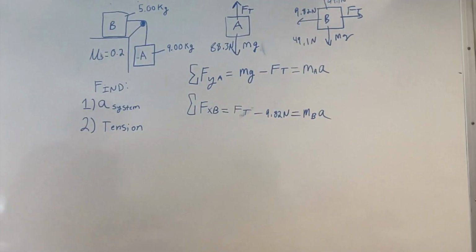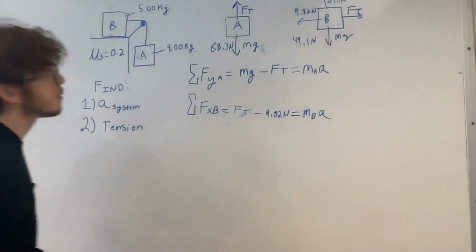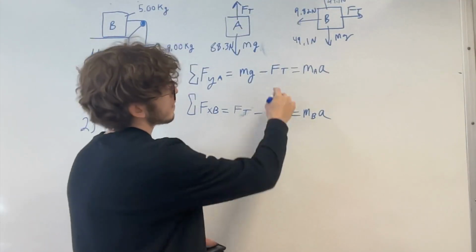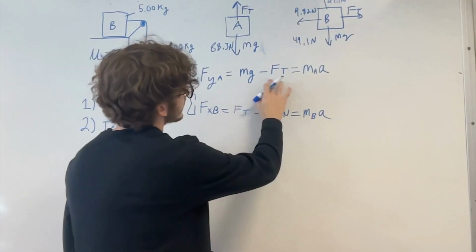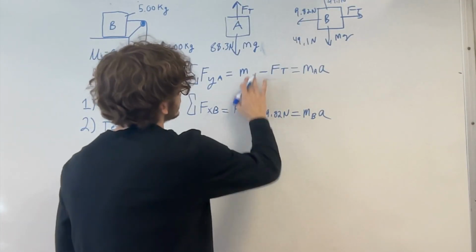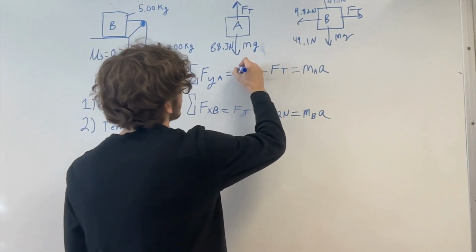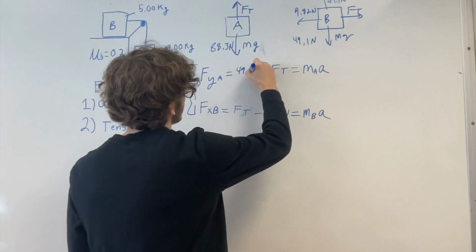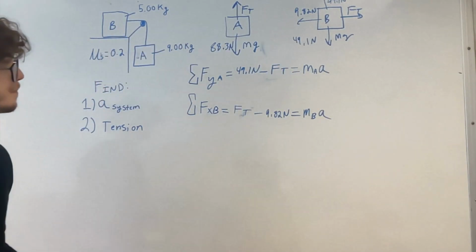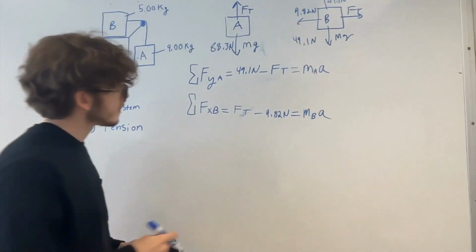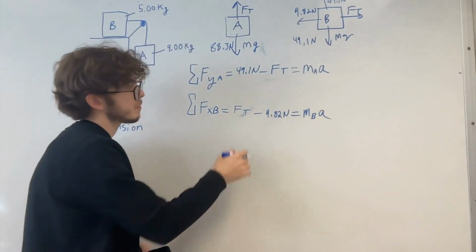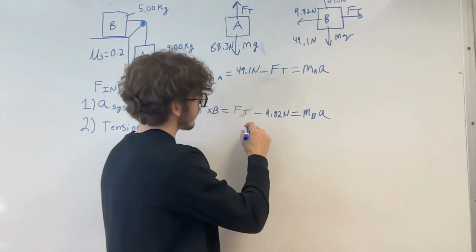So now that we have that here, we can solve for one variable. We want to solve for the force of tension, so we could maybe substitute it in here. Right? They both share that term. And let's turn mass times gravity to 49.1 newtons. So to solve here, let's go with x of B, because we have force of tension.